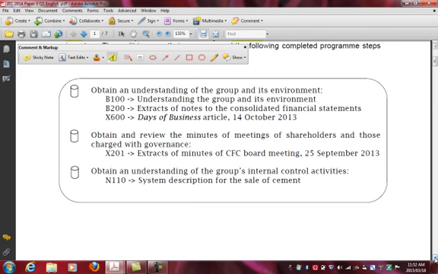Then there's also some documentation on obtaining and reviewing the minutes of meetings of shareholders and those charged with governance. X201, extract of minutes of CFC board meeting, 25 of September 2013. And then obtain an understanding of the group's internal control activities, which is N110, a system description for the sale of cement.